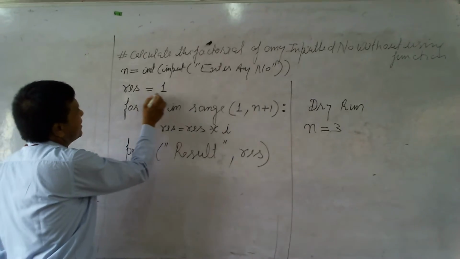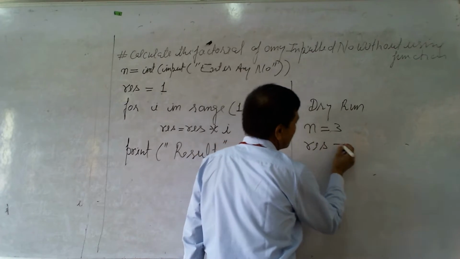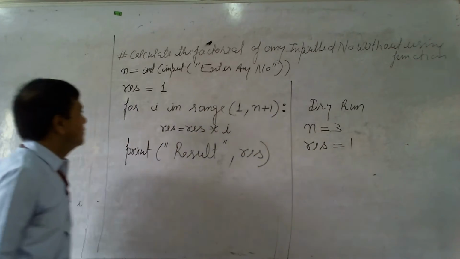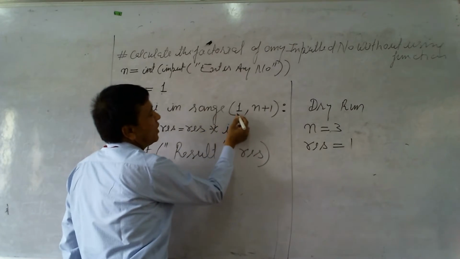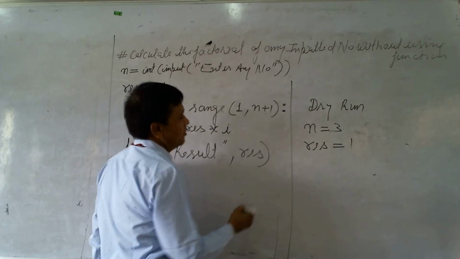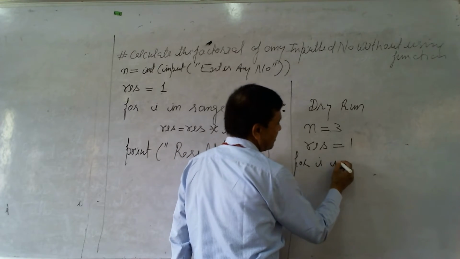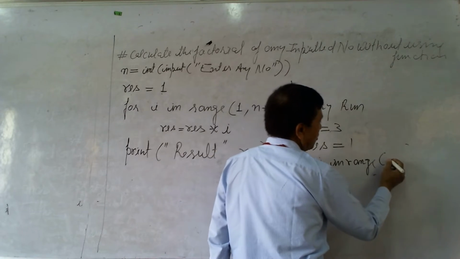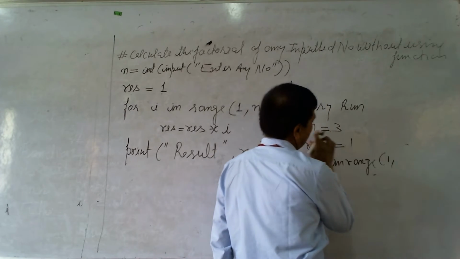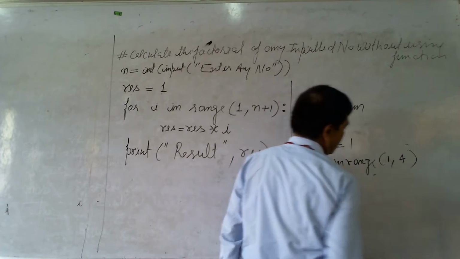And the value of this variable res is 1. Now, for i in range 1 comma n plus 1. So this for statement will work: i in range 1 comma n plus 1, the value of n plus 1 is 4.